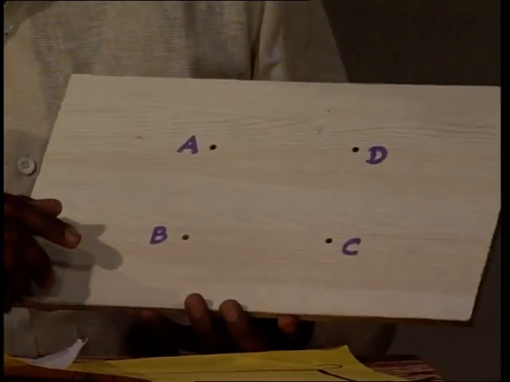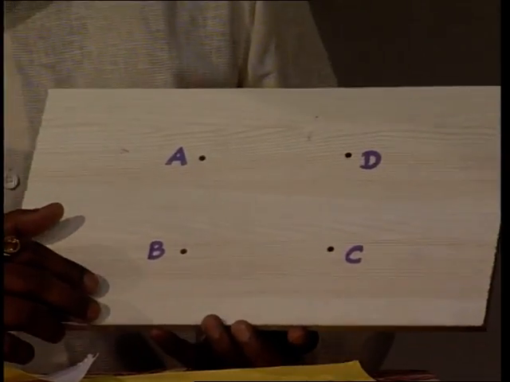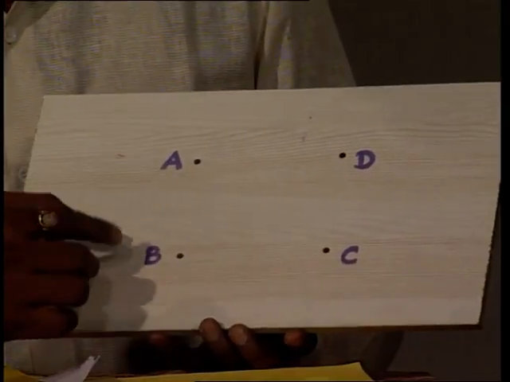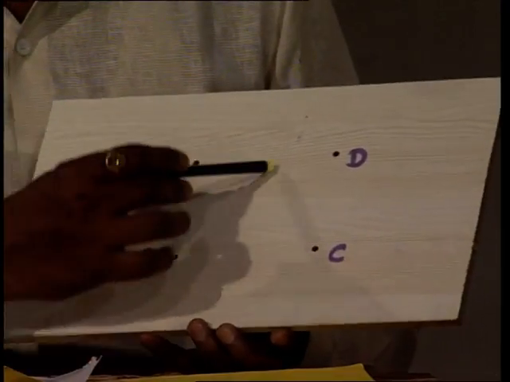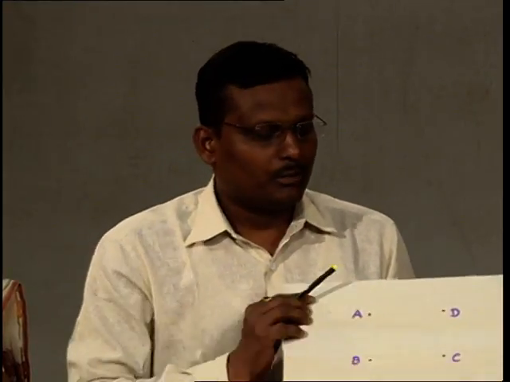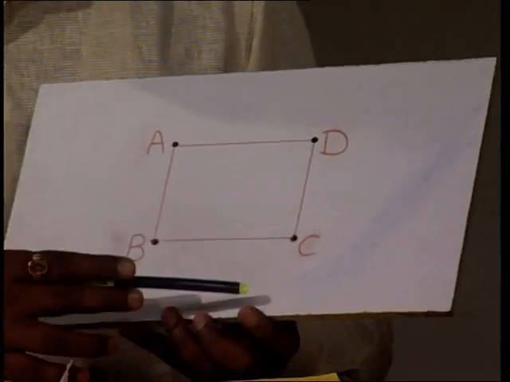Students are told to mark any 4 points on the paper such that no 3 points are collinear. Here, point A, point B, point C and point D are marked on this hardboard. When we join them by line segments, we get a figure which shows a quadrilateral ABCD.